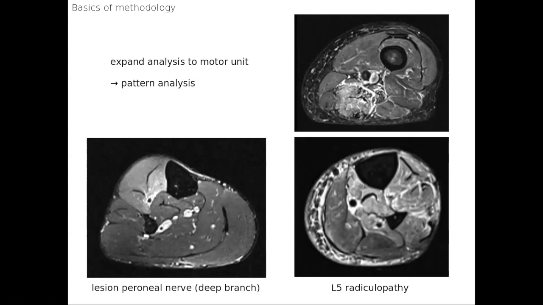So, for instance, you can clearly see a difference in the denervation edema pattern if you have a sole lesion of the peripheral nerve, peroneal nerve, or if you have L5 radiculopathy. So expanding the analysis to the motor unit can be very helpful as well. And this comes actually for free because these are exactly the same sequences you use to image the peripheral nerve. So these are also T2 weighted sequences.